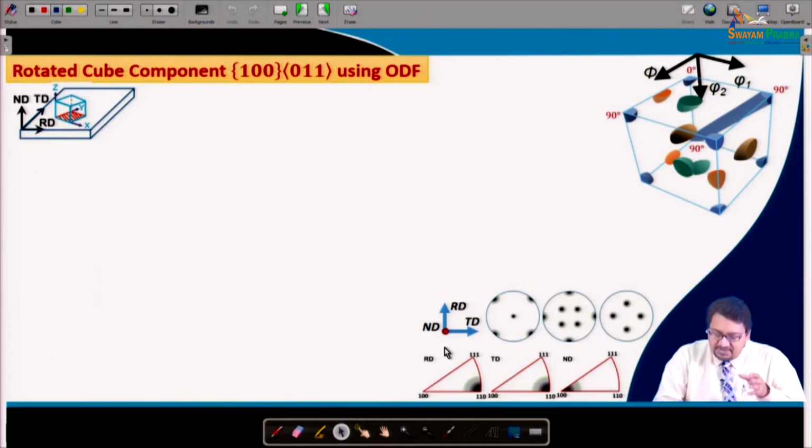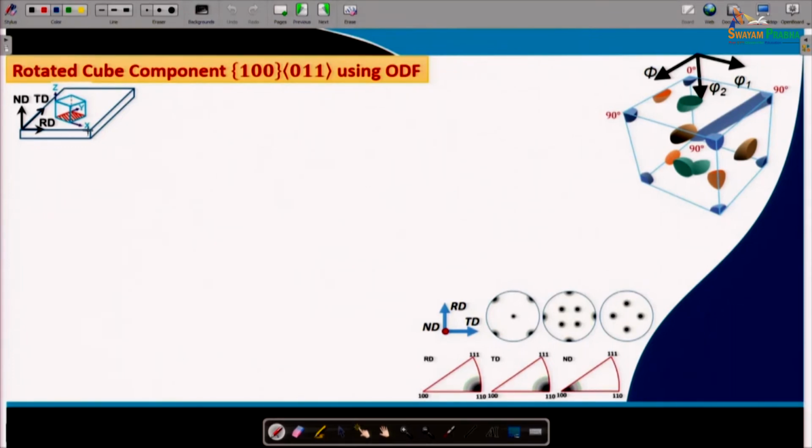We have observed the rotated cube component in the earlier lecture, and the rotated cube component is basically the 100 011 component, and it looks like this as shown here.